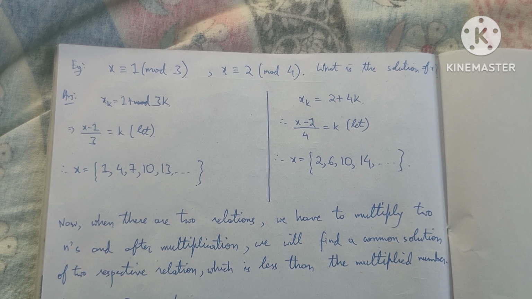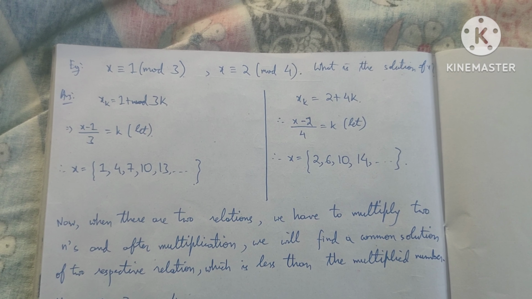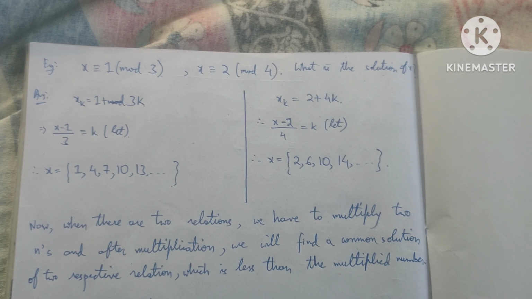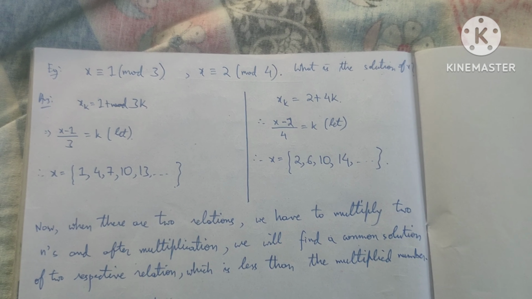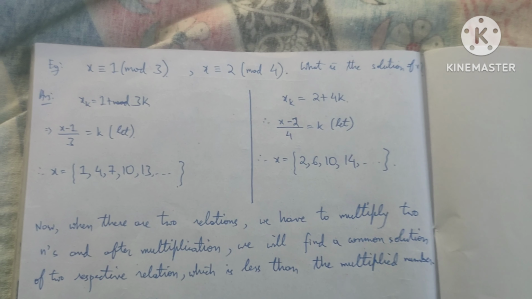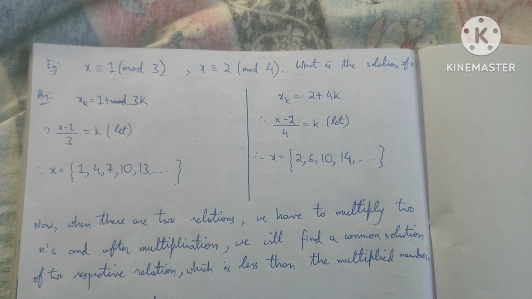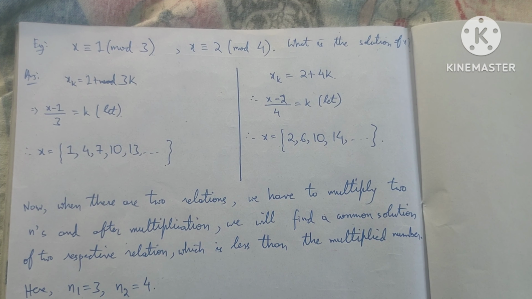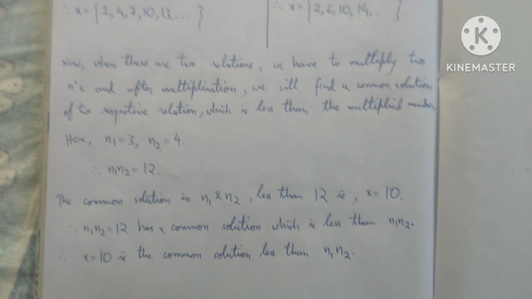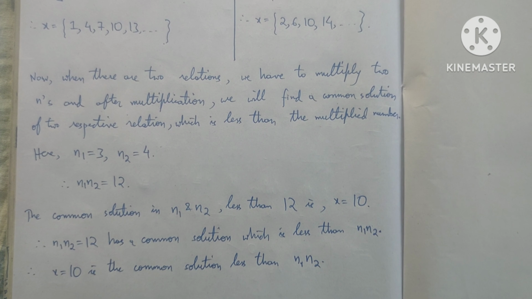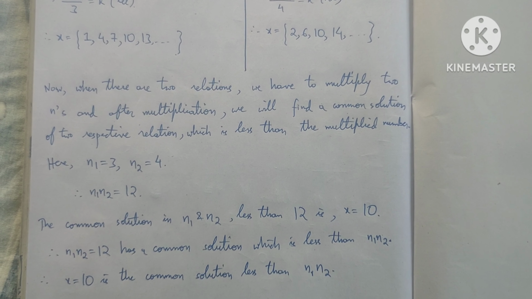First we individually find the value of x for each equivalence relation. That is for x congruent 1 mod 3, we find the values of x for which it will be divisible by 3, and for x congruent to 2 mod 4 we find the values of x which will be divisible by 4.